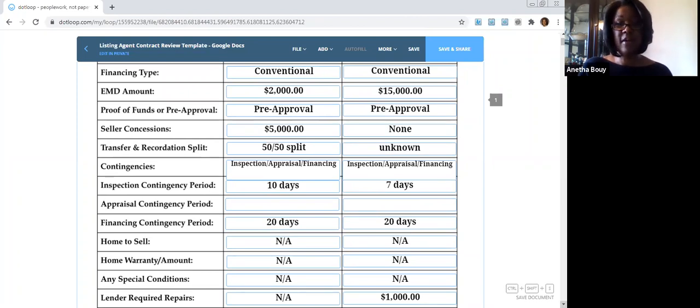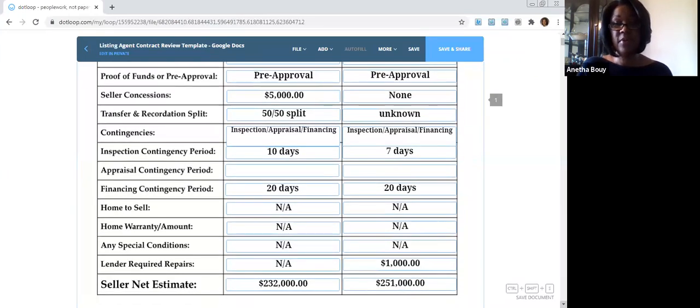And he's not trying to sell a home. There's no home warranty that he's requesting, nor are there any special conditions. He has, however, asked for $1,000 in lender credit. I'm sorry, in lender repair. And so with all of that being said, you're looking at a net sales of 251.